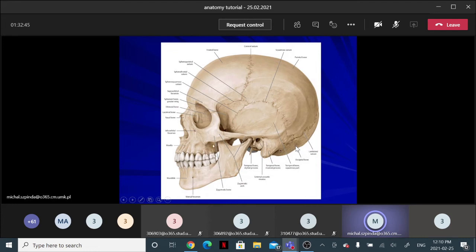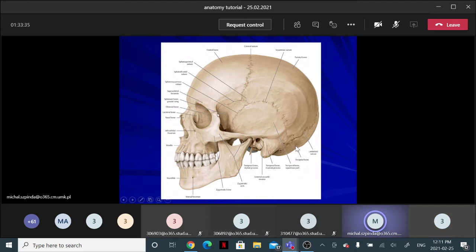And just here you can see such a crest passing on the maxilla from the first molar tooth, because the greatest forces are exerted here and then are transmitted posteriorly to the cranial base and superiorly to the cranial roof.